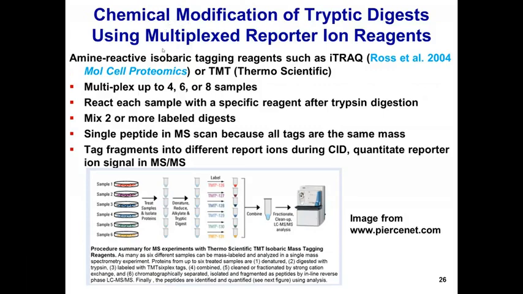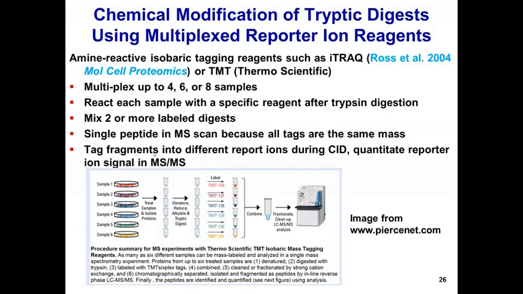The iTRAQ and TMT are amine reactive isobaric labeling tags that can be multiplexed. We react each sample with a specific reagent after trypsin digestion, and then mix 2 or more labeled tryptic digests. A single peptide is identified in the MS scan from all samples because all tags have the same mass.